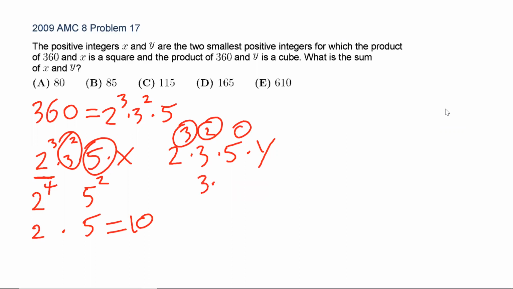And 5 to the first power here needs 2 more 5s. And that gives us 3 times 5 squared, which is 75. So if x is 10 and y is 75, then adding them together should get you 85, which is B.